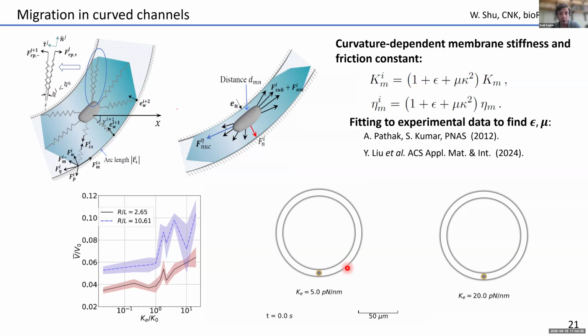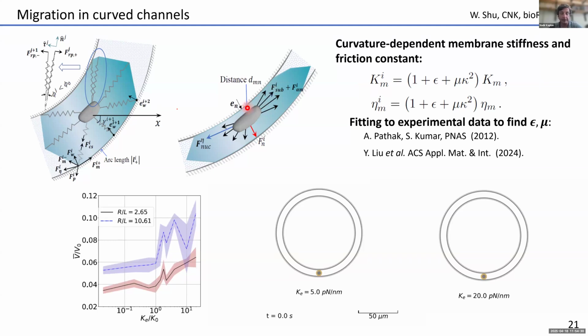So we can also consider the effect of curvature on the migration. Here, we take into account the curved confinement, and how a cell moves inside that. We consider the curvature-dependent membrane stiffness and friction constant, which ought to be there simply because the membrane elements are modeled as springs.